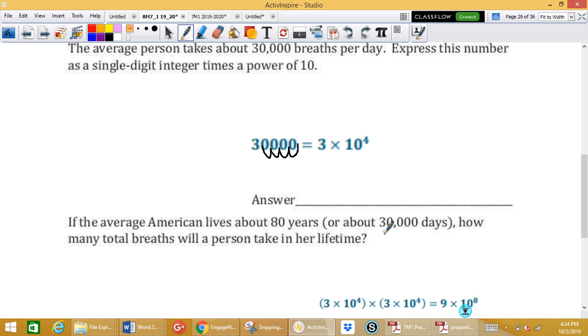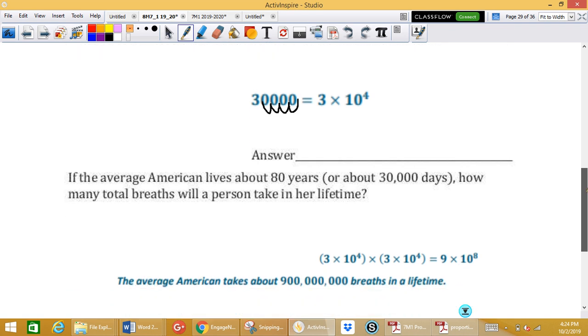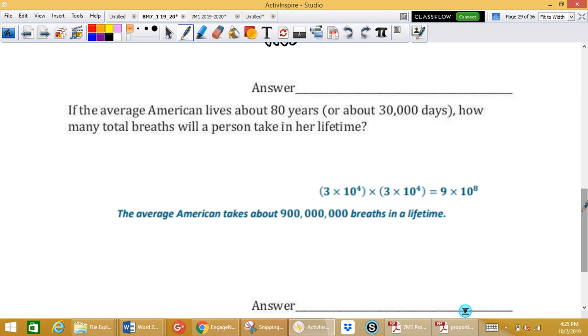So if we're doing 30,000 breaths a day, so 1 day would be 30,000, 2 days 60,000, 3 days 90,000. So we're multiplying. So I'm going to take the breaths per day and the days in a lifetime.